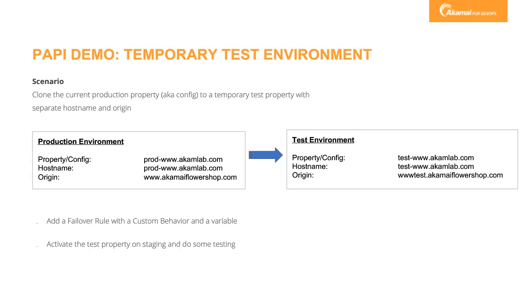The first demo you're going to see is using PAPI to create a temporary test environment for a new functionality that you're developing.